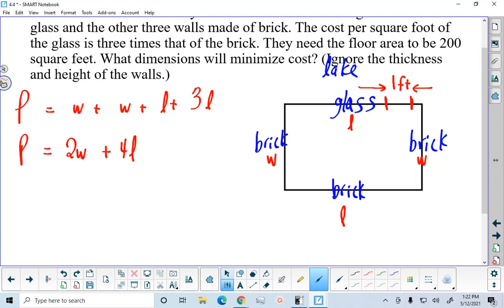If the cost was $40, we'll go with brick, $40 per foot of wall. That means a foot this way. So the cost is included in the height of the wall and the thickness of the wall. That would mean the glass would be 3 times that, which is $120 per foot.